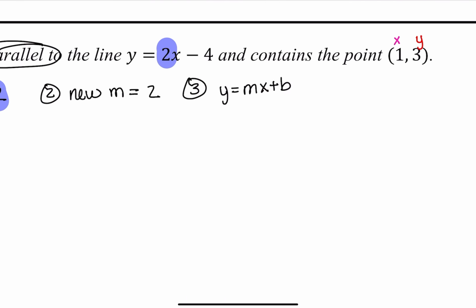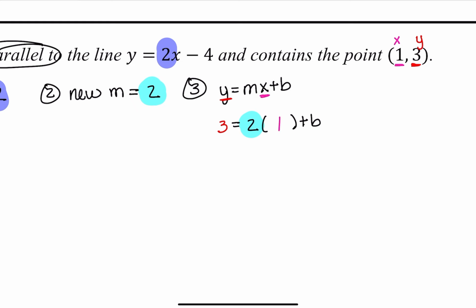So my y equals 3 from here. My new m is equal to 2, which is going to be this one right here. And your x is going to be right here, which is going to go here, 1.